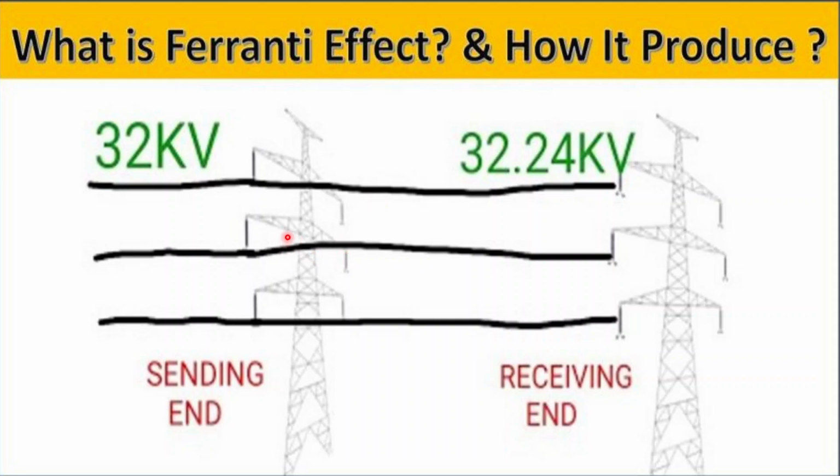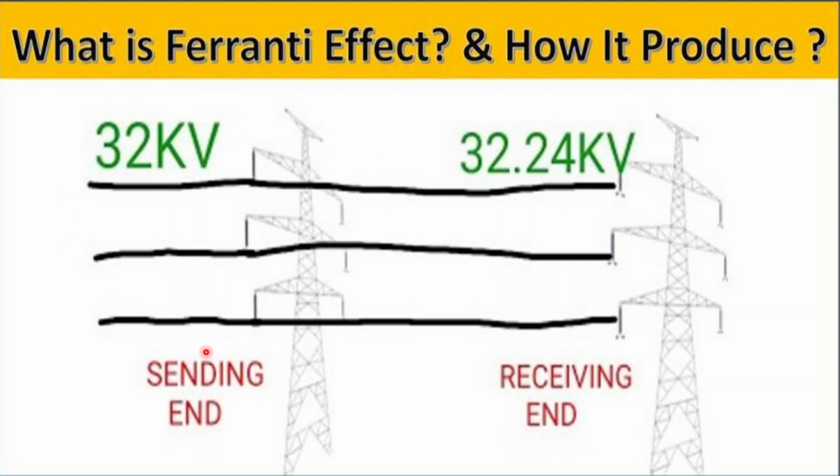At the sending end, the voltage is given as 32 kV, represented by a transmission tower on the left with the lines extending towards the right. At the receiving end, we have a voltage of 32.24 kilovolt, represented by a transmission tower on the right with lines extending from the left.